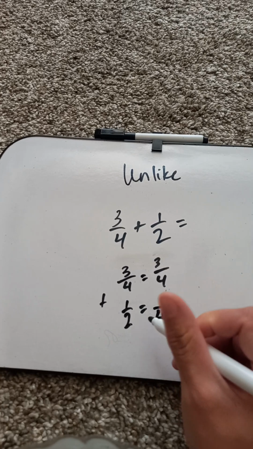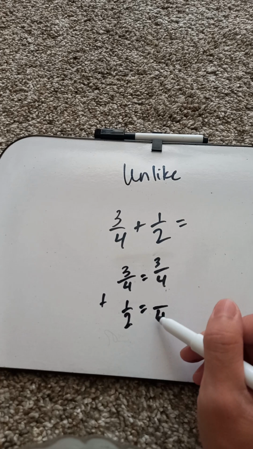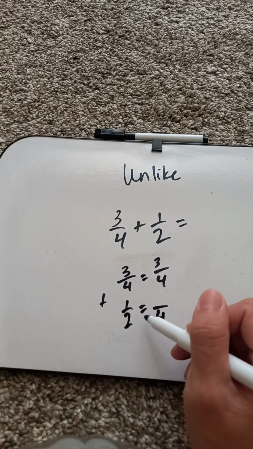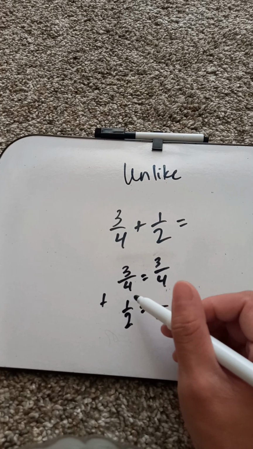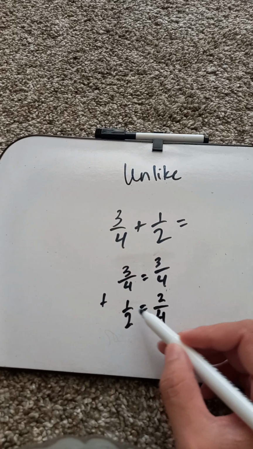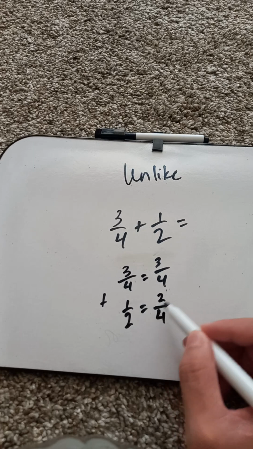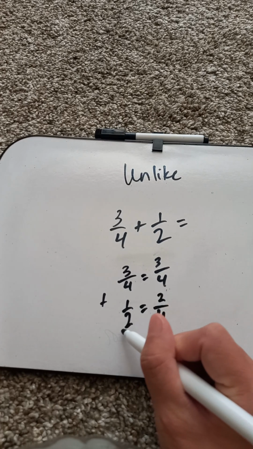So, okay, 2 times what equals 4? 2, right? So we're multiplying the bottom number by 2 and the top number by 2. What you do to the bottom, you have to do to the top in order to make it equivalent. So 1 times 2 is 2. And if you look at it, you see, okay, 2/4 does equal 1/2. So we're doing everything correctly here, okay?